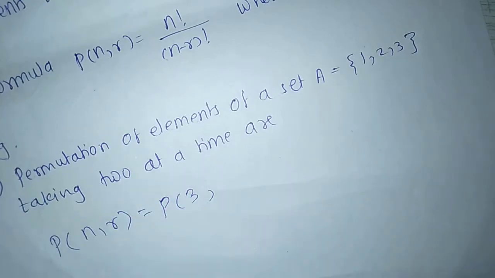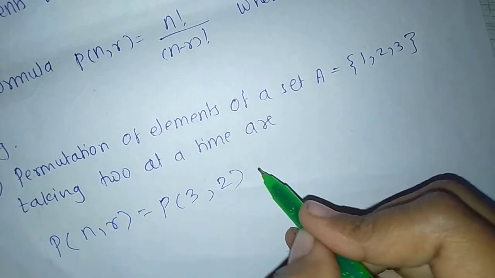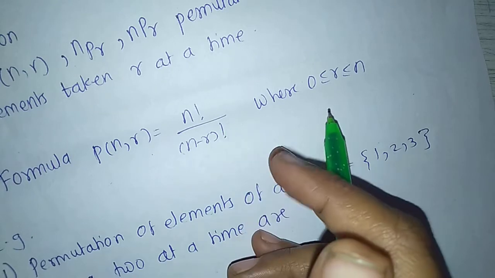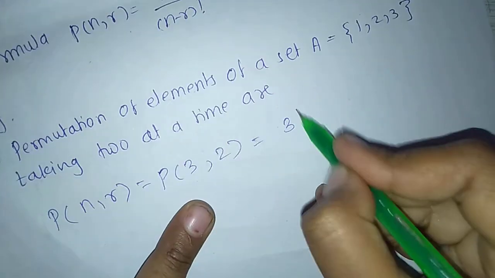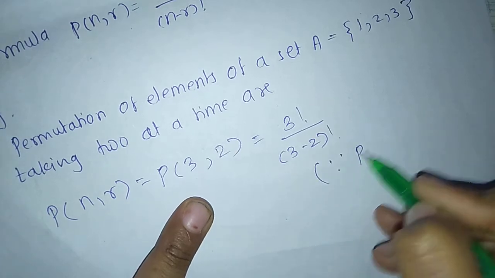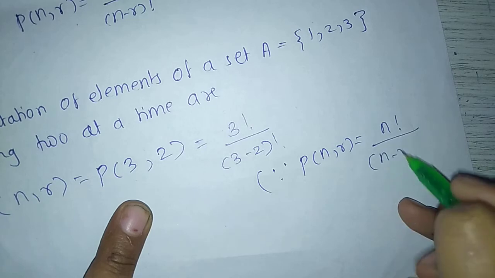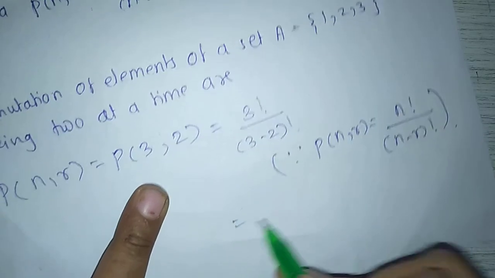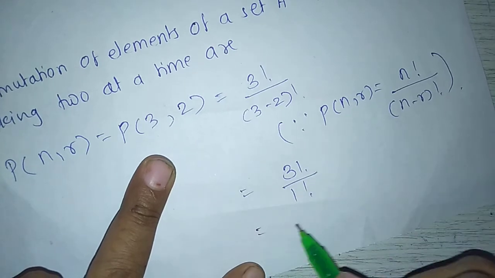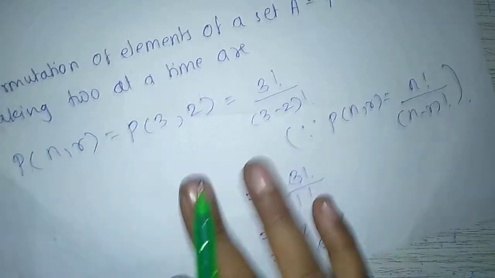Taking 2 at a time means r equal to 2. P(3,2) equal to 3 factorial upon (3 minus 2) factorial, which is equal to 3 factorial upon 1 factorial, means 2 into 3, which is equal to 6.